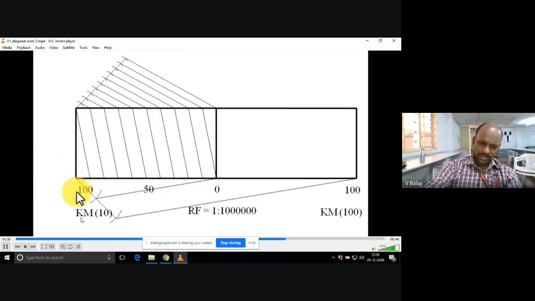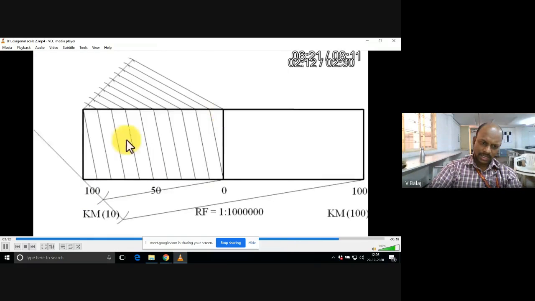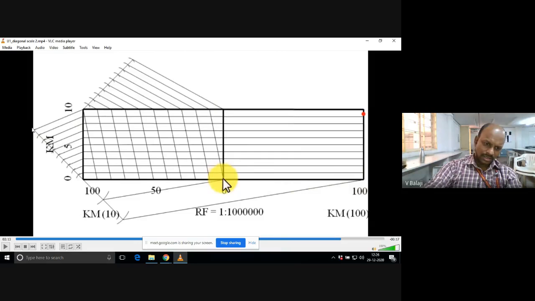Now, you take again any angular line on the left hand side, take 10 equal arcs on that, join that last arc to the height of that line, the vertical line, and draw parallel lines to that. The numbering here goes from bottom to top. That's why I have 0 here, 5 here, 10 here.